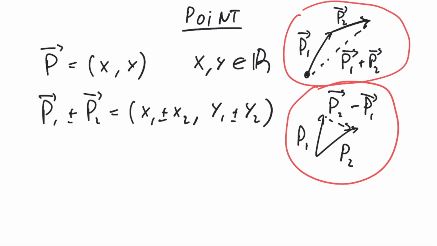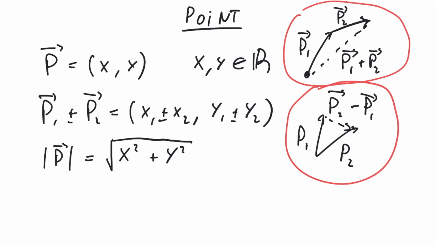Now, you can also define the norm of a vector, and this is the length in the Cartesian plane with the Euclidean metric. So here it's the square root of x squared plus y squared.